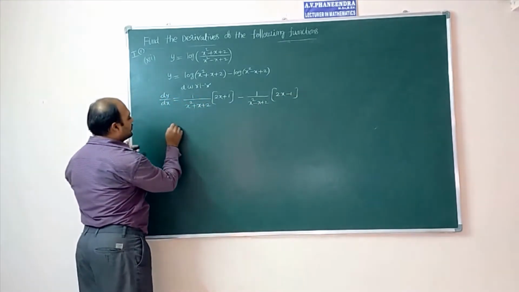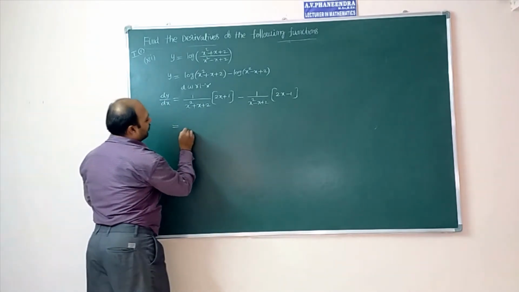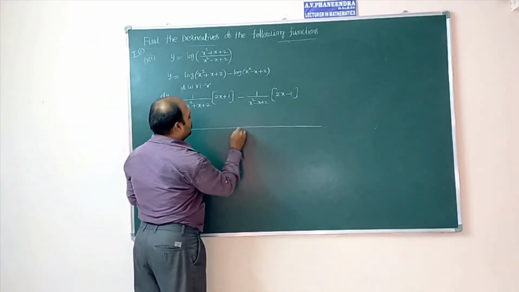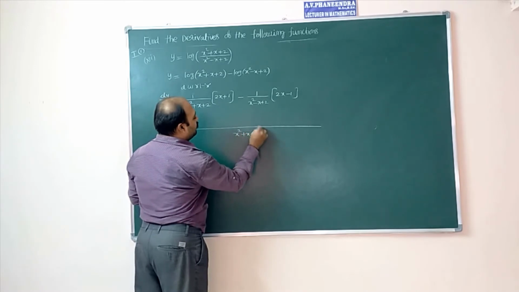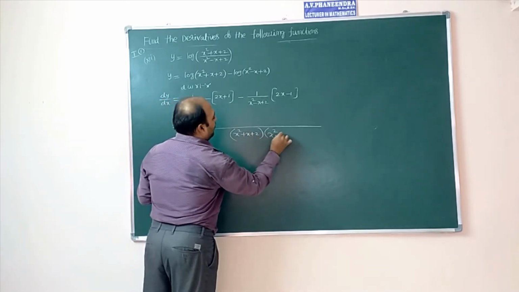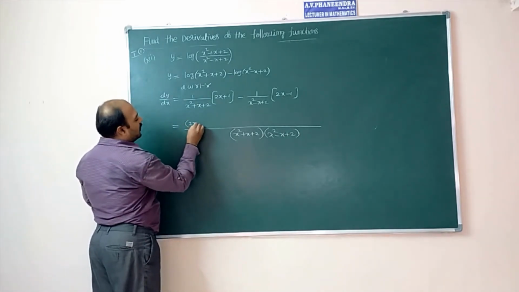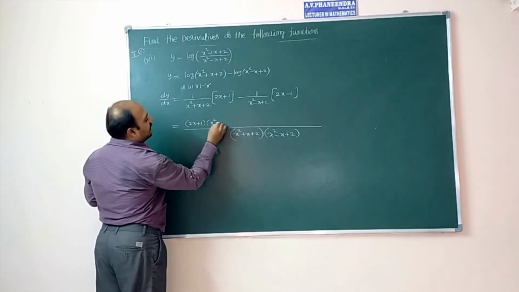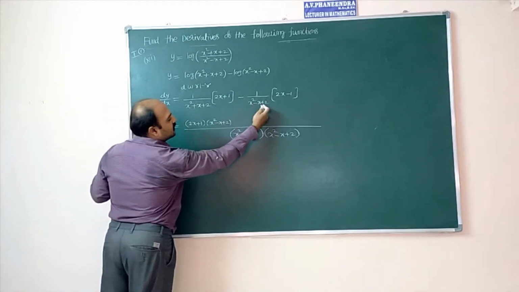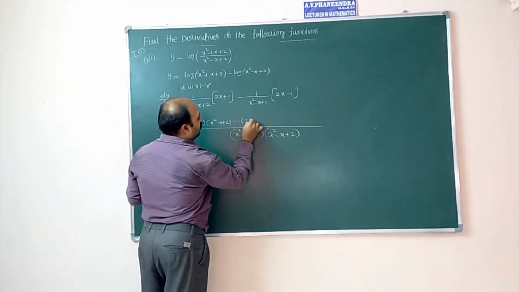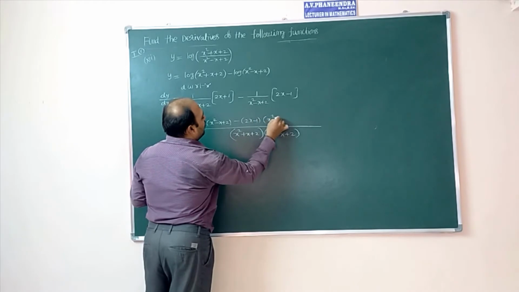So now take the LCM. x square plus x plus 2 into x square minus x plus 2. So 2x plus 1 into x square minus x plus 2. Cross multiply, minus 2x minus 1 into x square plus x plus 2.